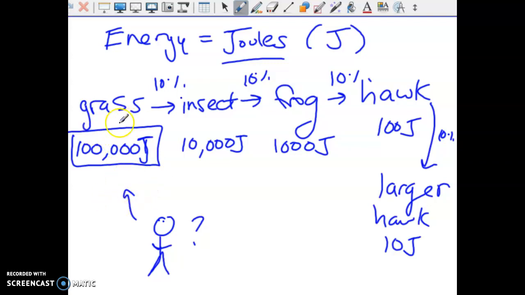You get more energy from eating fruits and vegetables and grains that are producers than you do from your meat products. Now, that doesn't mean that it doesn't have a place. Obviously, if you eat a producer, it doesn't really have a ton of protein in it. So there's a reason why we eat a variety of foods in our diet.